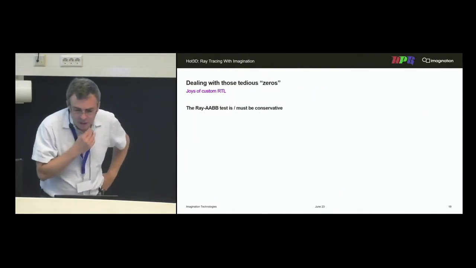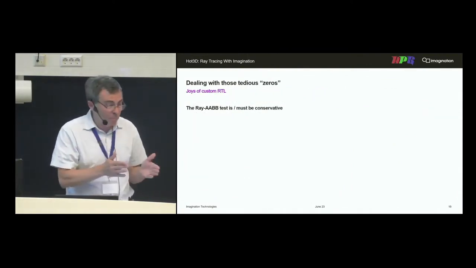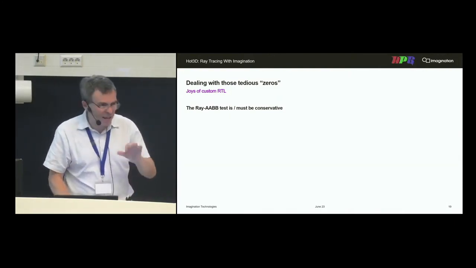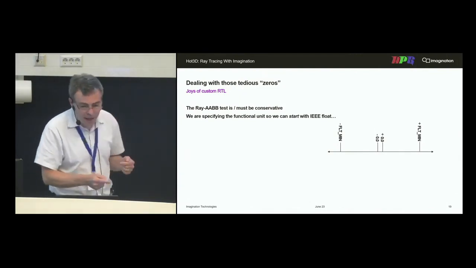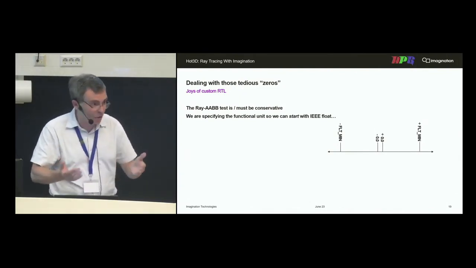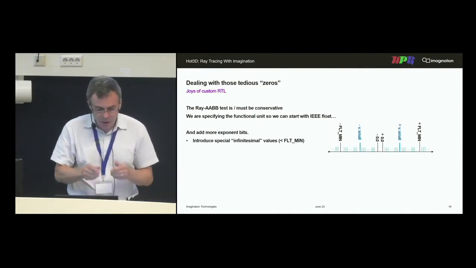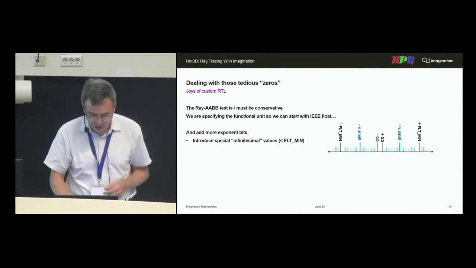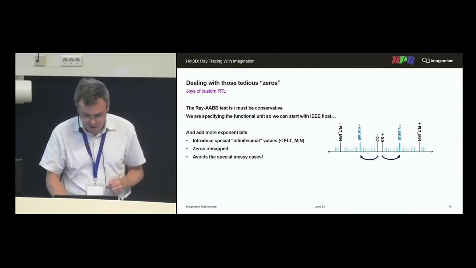So how do we deal with those meddling zeros? Well, the AABB test has to be conservative, so we can make it a little bit more conservative. Now, as we're specifying the hardware, we can start with IEEE float and then add more exponent bits. So we introduce these special infinitesimal values which are less than the normal float min, and any zeros are remapped to those values.